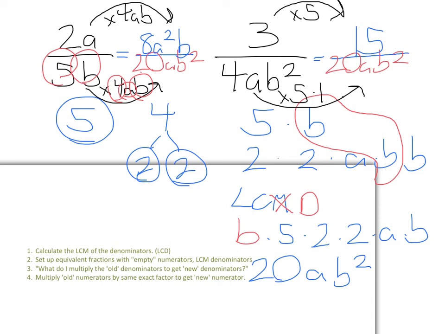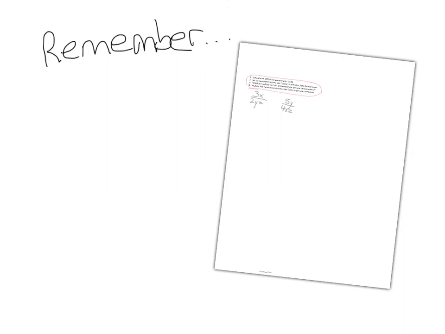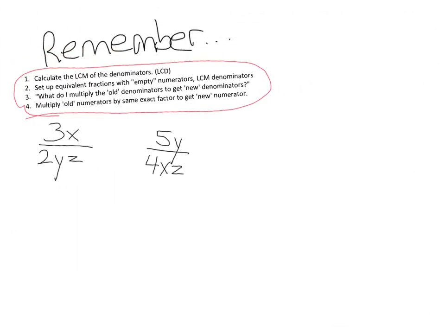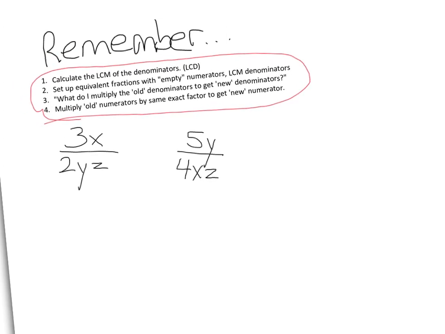Nice job. So what does that mean for you? Here we have your problem to do. What you're going to do is you're going to create equivalent fractions to 3x over 2yz and 5y over 4xz. Now remember the steps. Here they are again. Same ones we just saw. First, I want you to calculate the LCM of the denominators. Then set up equivalent fractions with empty numerators and LCM denominators.